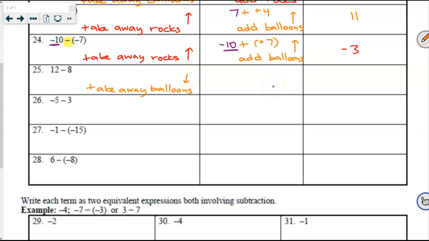What else can I do to make the basket go down? Michael. We can add rocks to make the basket go down, exactly. So we can change it to an add rocks problem. So what is that going to look like? Self-talk question, right? And then you say to yourself, well, we're still going to start at 12. And now what, Gabriel?